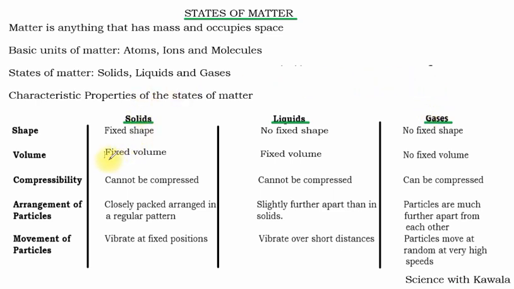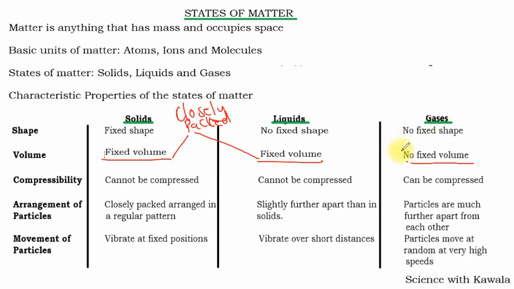Volume. Solids have a fixed volume, liquids have a fixed volume, gases don't have a fixed volume. So volume, if you remember, we said that it's the space around that object. So why is it that solids and liquids have a fixed volume? It's because the particles are closely packed.